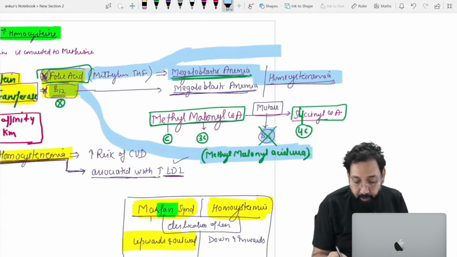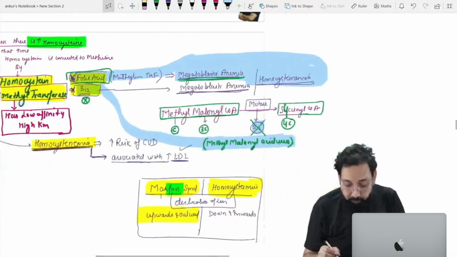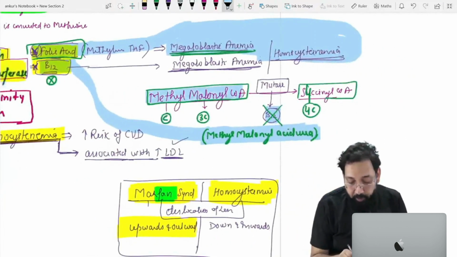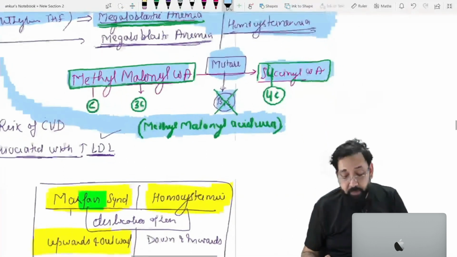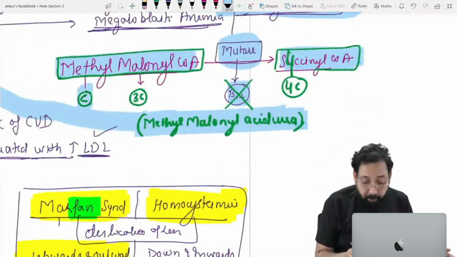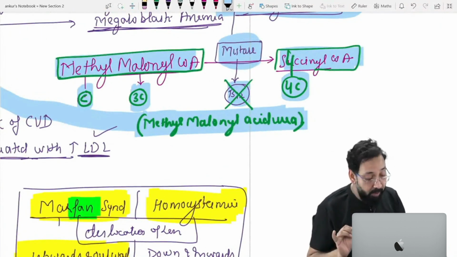So they ask you to differentiate between B12 deficiency and folic acid deficiency on the basis of this reaction, methylmalonyl coenzyme A to succinyl coenzyme A by the enzyme mutase. That's why I say, if you remember the number of carbons, you will be able to remember many reactions and many enzymes only by the concept.